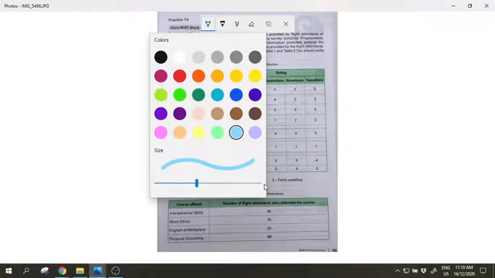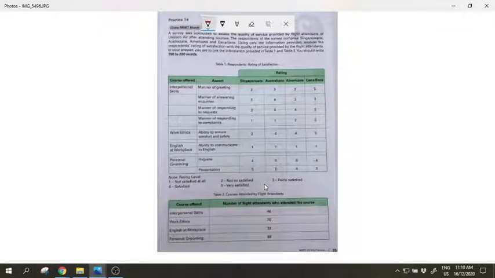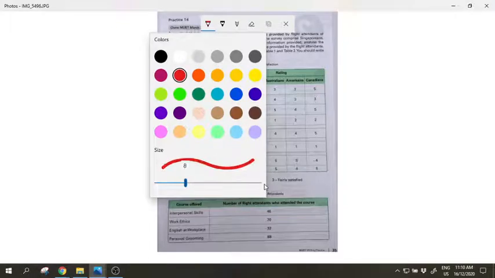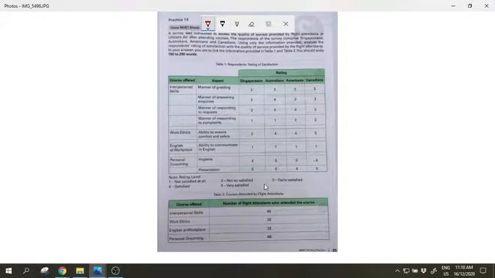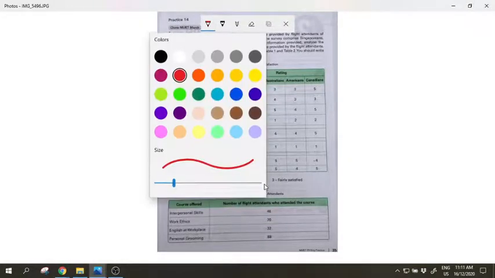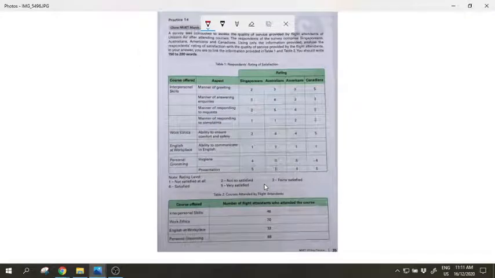Let me just point out some things. It's talking about the rating of satisfaction by the respondents, and these are all their ratings. If they are very satisfied, it's written here as number 5.